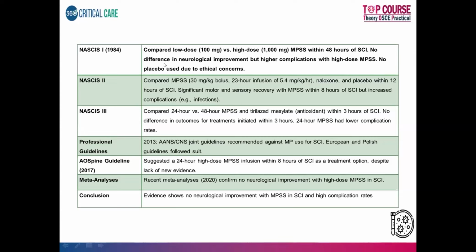Here there was no placebo, only high and low dose were compared. In NASCIS 2, they compared methylprednisolone, naloxone, and placebo within 12 hours of spinal cord injury. They showed significant motor and sensory recovery with methylprednisolone given within 8 hours, but there were some increased complications like infections.